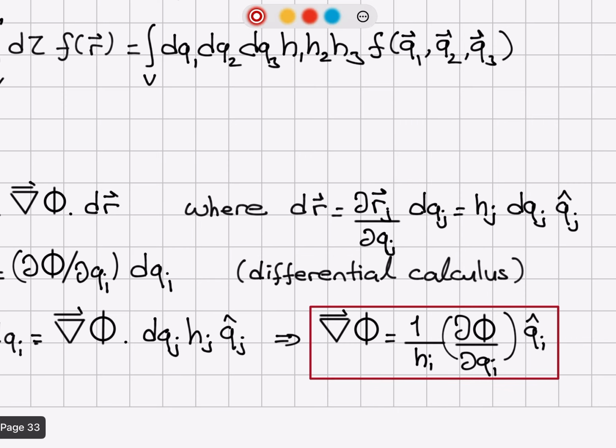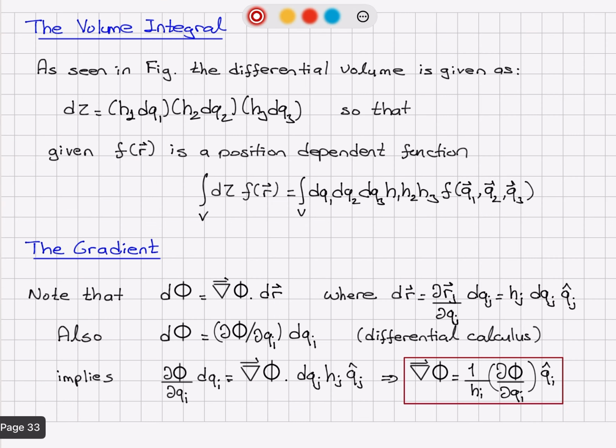So what we have to do is to take the partial derivative with respect to that coordinate in this curvilinear coordinate system, multiply it with the unit vector in that direction, and also divide it by the scale factor.